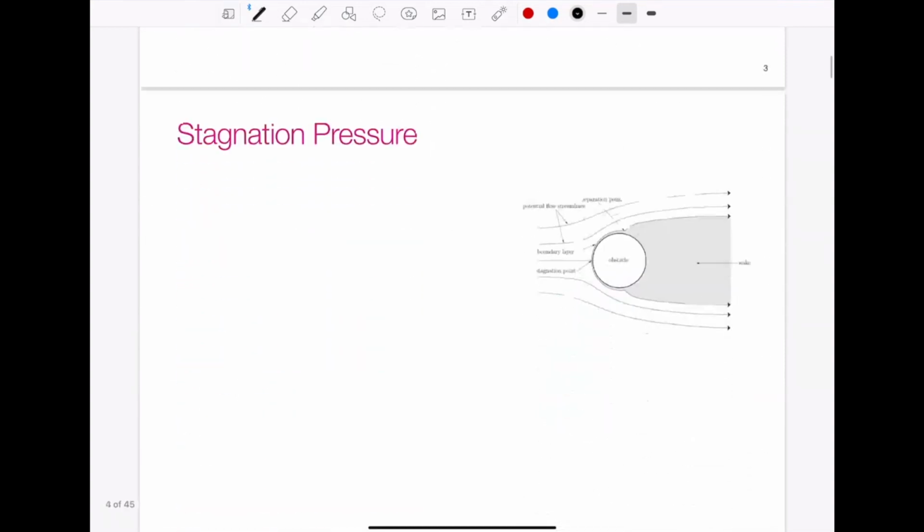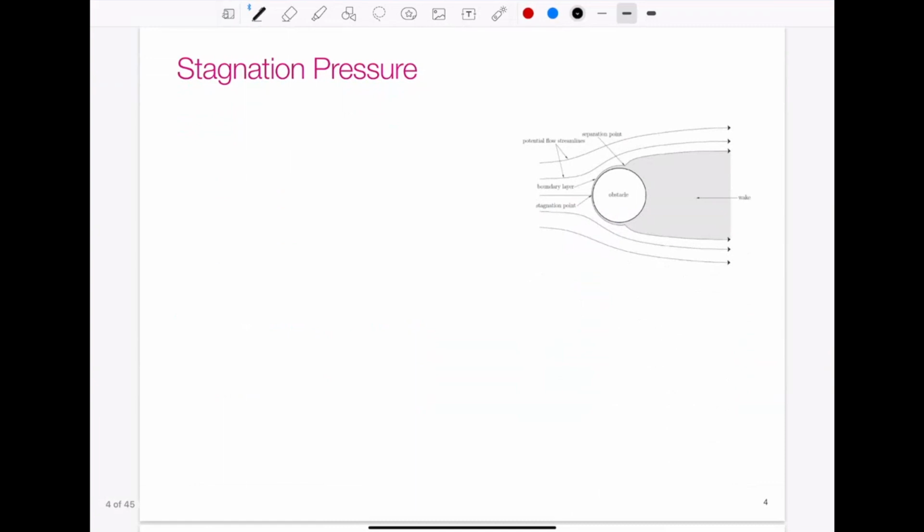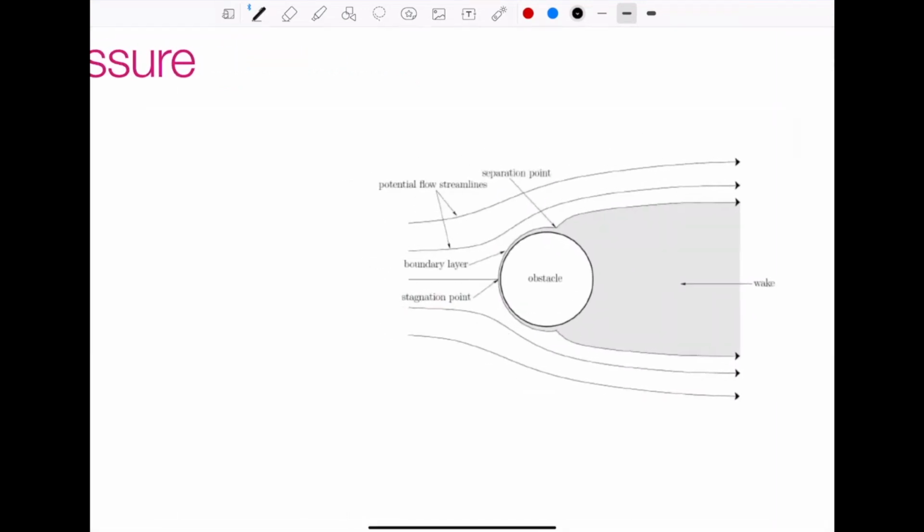So the first flow device is a pitot tube, and it makes use of our concept of stagnation pressure. Let's explore this a little bit more. This is a really small diagram, but let's zoom in. The sum of the static and dynamic pressures is our stagnation pressure, and it represents the pressure at a point where the fluid is brought to a complete stop.